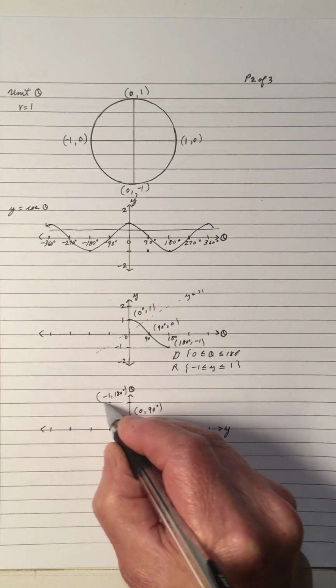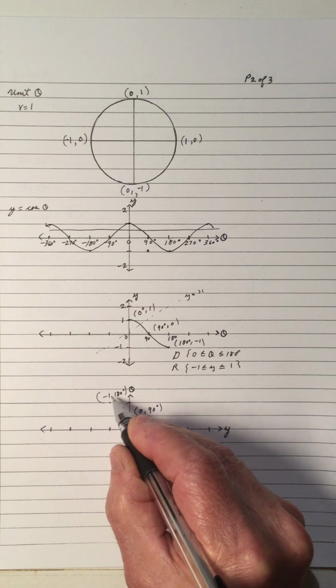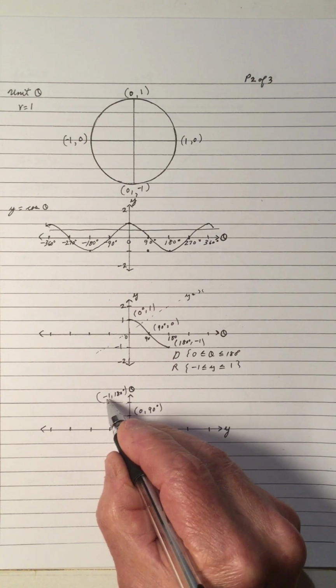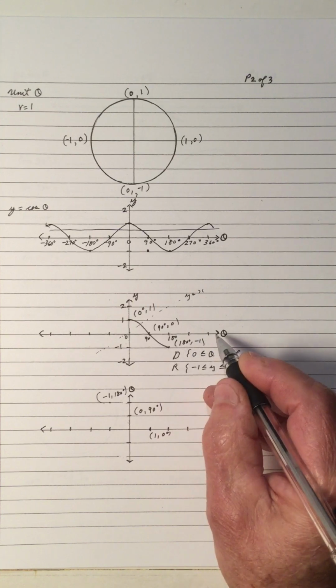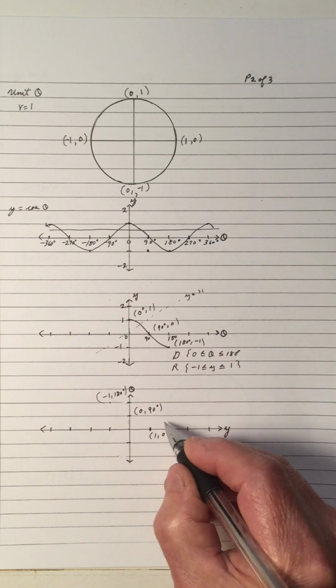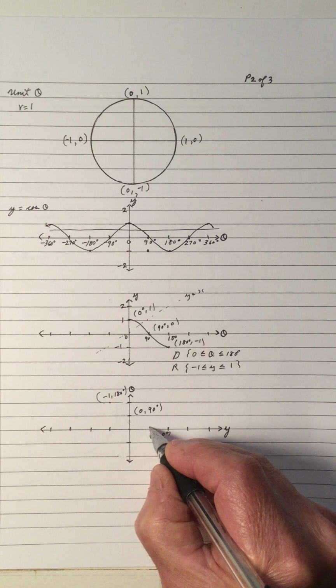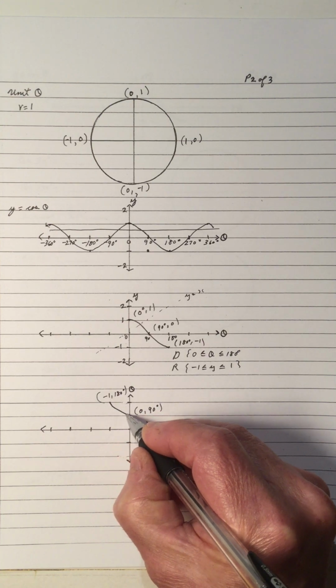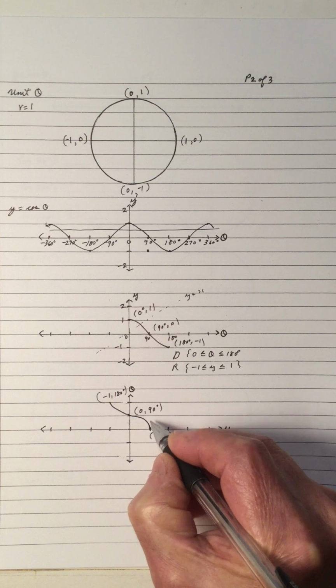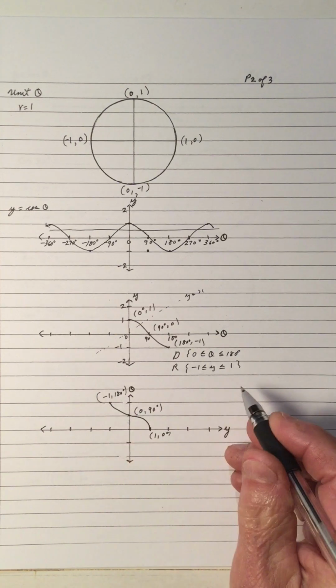Again, this is the degree. So notice you've got a negative 1, 180 right here, and 180, negative 1 is the reverse. And let me see if I can draw it. There it is. That's the inverse.